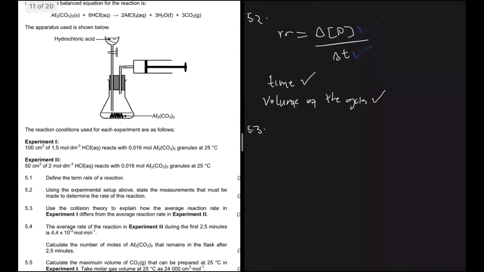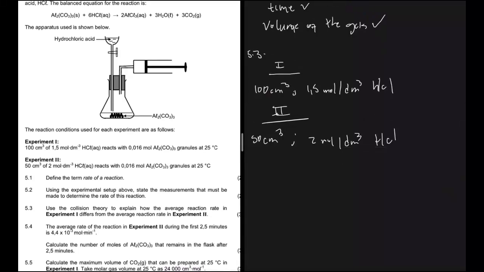So if you pay attention here, in experiment 1 they use a volume of 100 centimeter cube of 1.5 mole per decimeter cube of HCl, and then for experiment 2 they use 50 centimeter cube, and the concentration is 2 moles per decimeter cube of HCl.